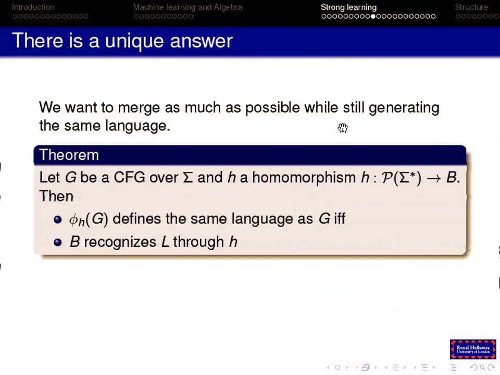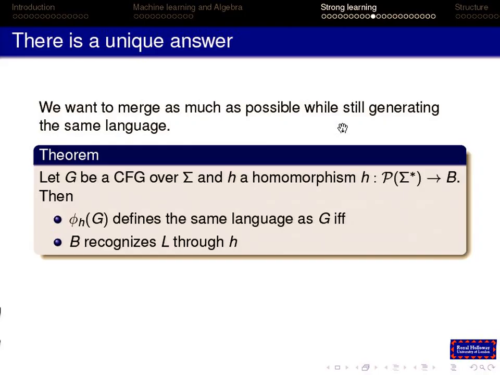So now we can say we want to merge as much as possible while still generating the same language. We have some big context-free grammar, and we want to merge non-terminals as much as possible while generating the same language. We can show that the merged grammar is going to define the same language as the original if and only if this semi-ring recognizes L through this morphism.